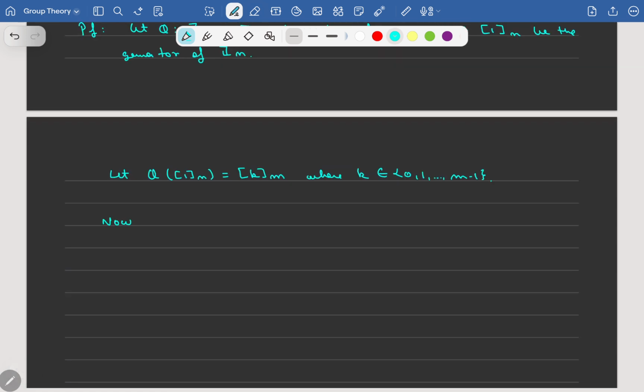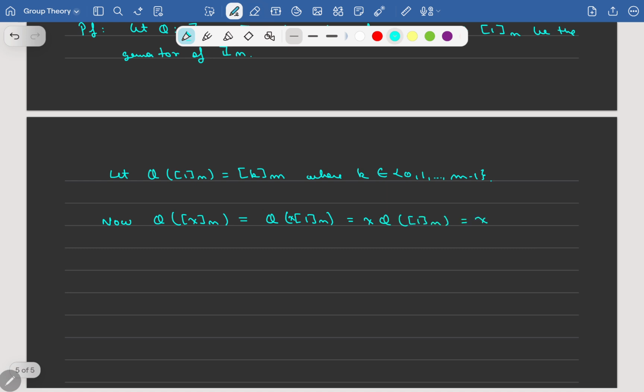Now, what we know is that phi of any element x from the residue class Zn is nothing but phi of the generator times x. So this should be exactly equal to x times the image of the generator.